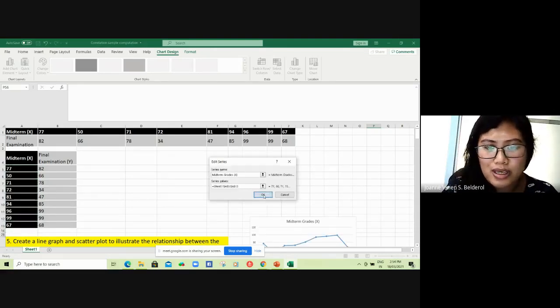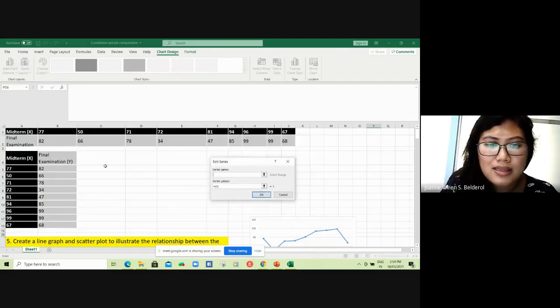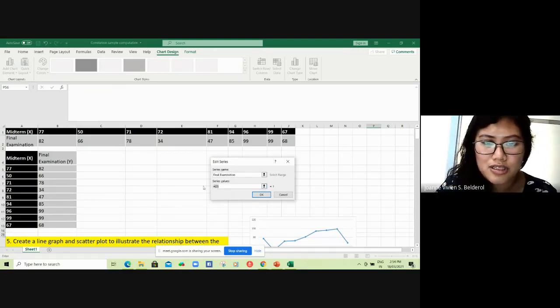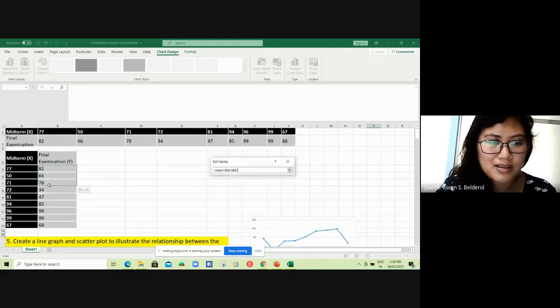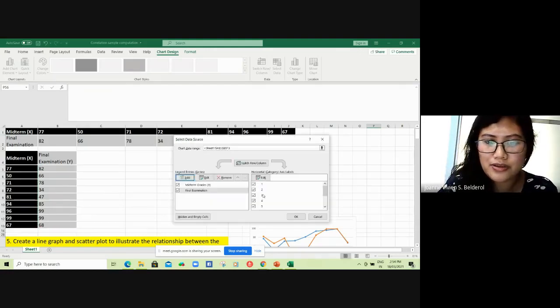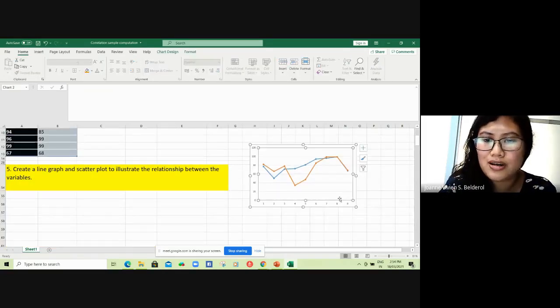Then click OK. Next, add again. This time, let's name it final examination. And then for series values, let's clear that one first. Then highlight your data. Then click OK. Then click OK.